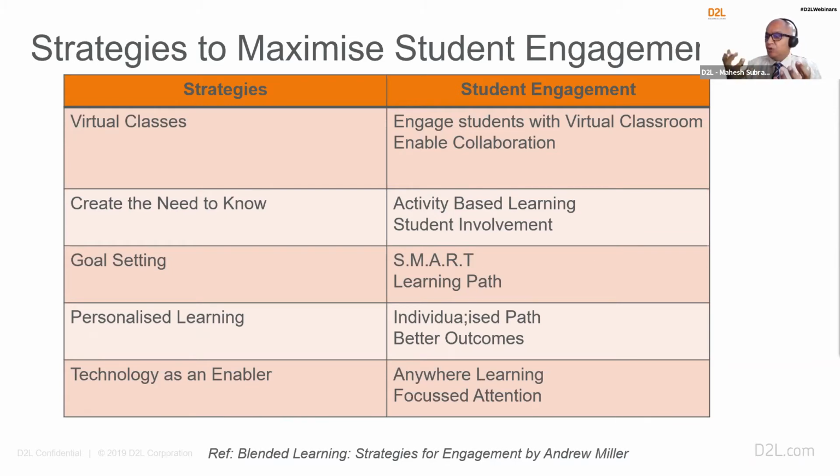Release conditions allow me to create 2 or 3 different paths for the slow learner, the fast learner, and everybody in between. So I'm able to do it automatically. I don't need to go in and set it up every now and then. It's a setup once, and it runs every time. And you keep tweaking it based on every class or every set of students that you are delivering these courses to.